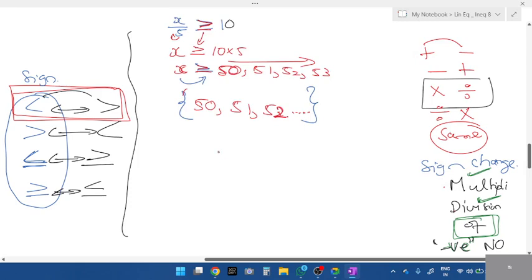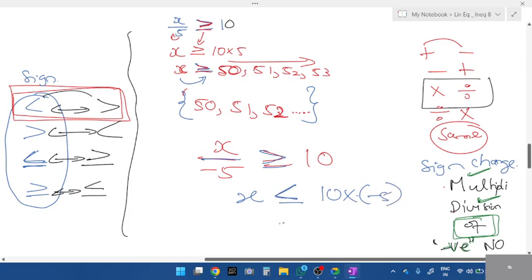Next, the same question: x divided by minus 5 is greater than or equal to 10. Now what is the relation between x and minus 5? Division. In division, what is minus 5's value, students? 5 is negative. Now tell me what happens to the sign? Greater than or equal to will become? Very good. Lesser than or equal to. 10 into minus 5.